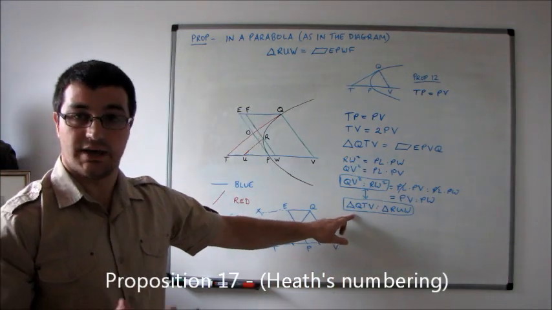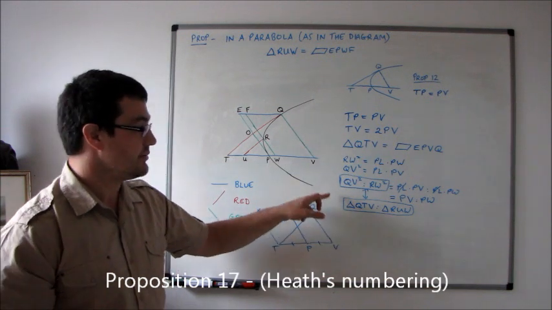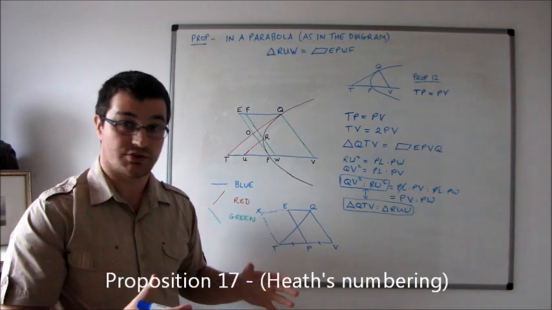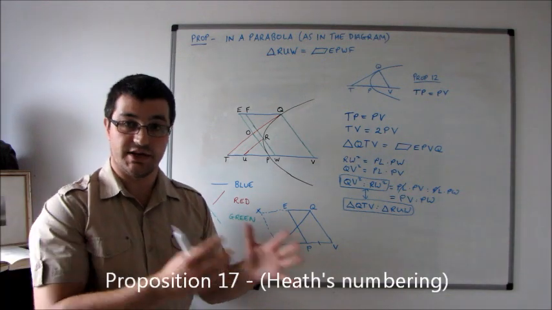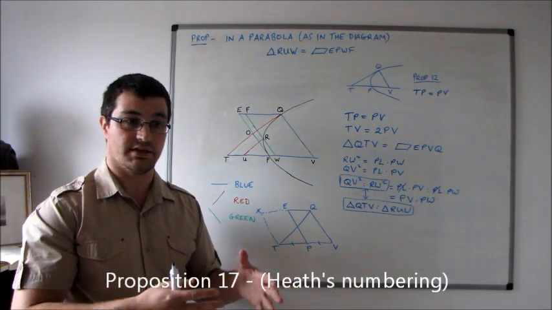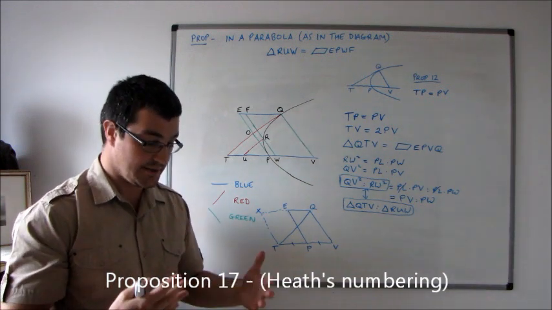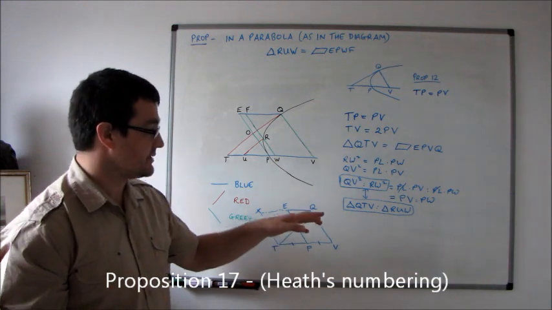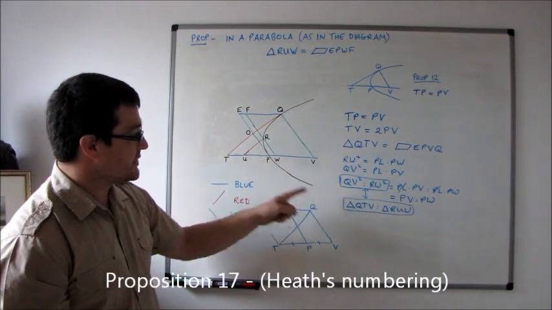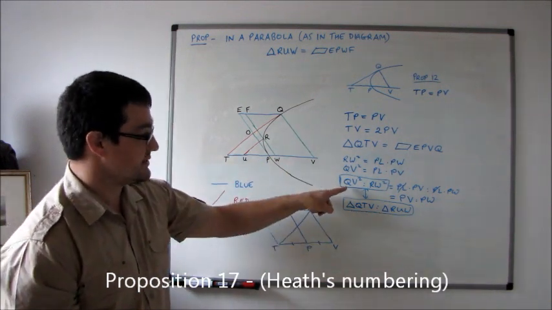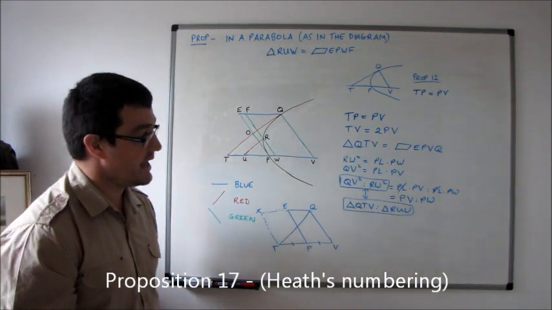This follows from Euclid, proposition 19 from book 6, which says that for similar triangles, of which QTV and RUW are, the ratio of their areas is the same as the ratio of the squares of their bases. So think along the lines of linear scale factor and area scale factor. If we take as their bases respectively QV and RW, then the ratio of the squares of their bases, QV squared to RW squared, is the same as the ratio of their areas.